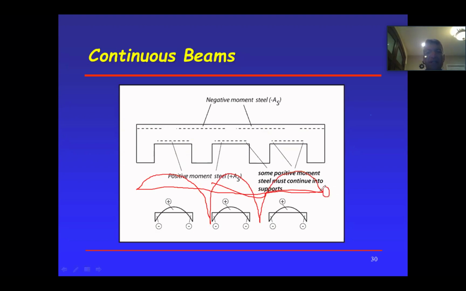Zero moment here, zero moment there. If that's the case, you don't need this rebar. But in real life, you will always have a negative moment due to the fact that this beam and this beam, or this column and that beam, is poured monolithic. If this is precast concrete where they're not monolithic and they are connected via bolts, then there's no negative moment there. Okay, so that's that.